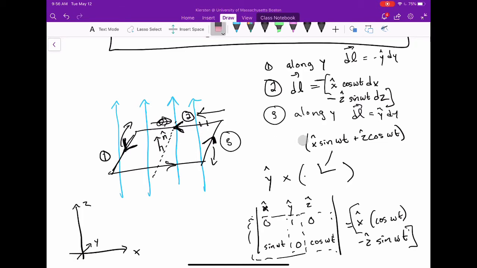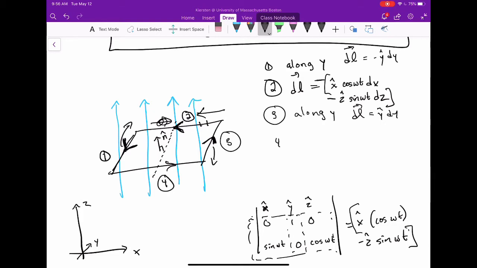Now I need to erase some stuff so that I can talk about side 4. And then side 4 over here has the same sort of situation as side 2 did, but this dl is to the right instead of to the left in the picture that we're currently looking at. So dl for that one is going to be plus x hat cosine omega t dx minus z hat sine omega t dz.